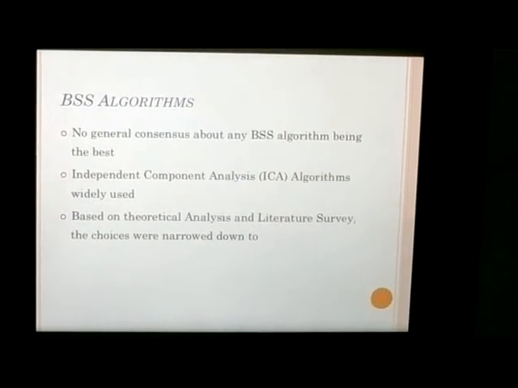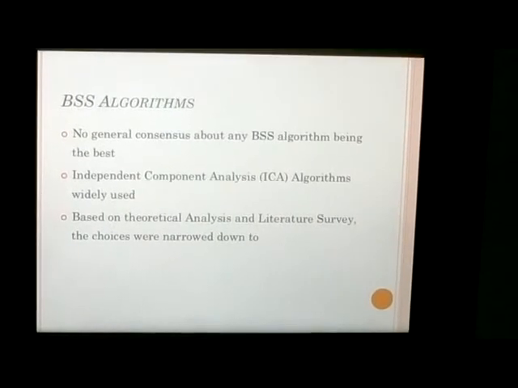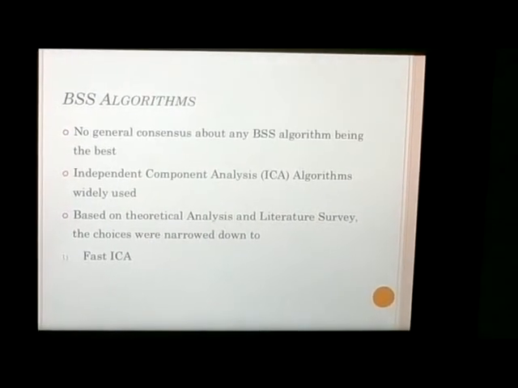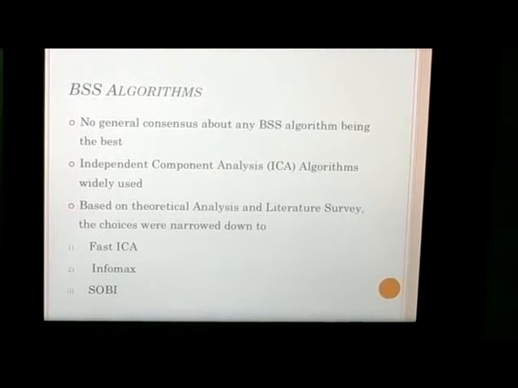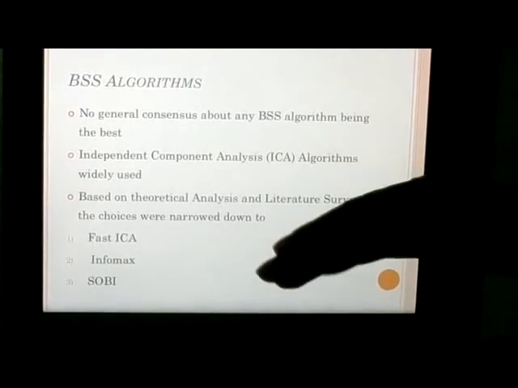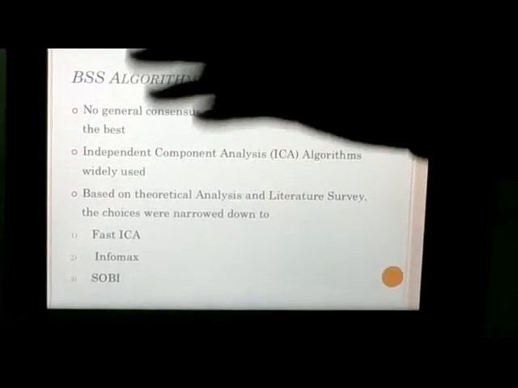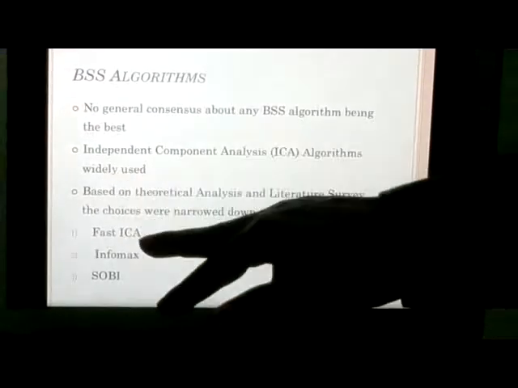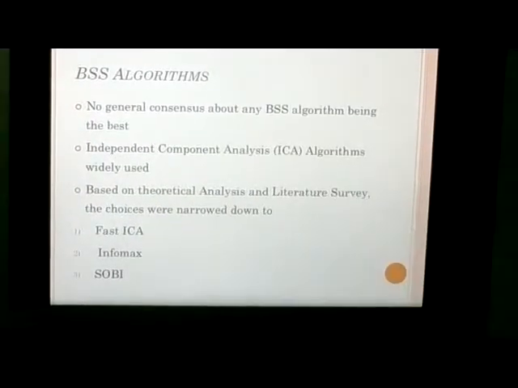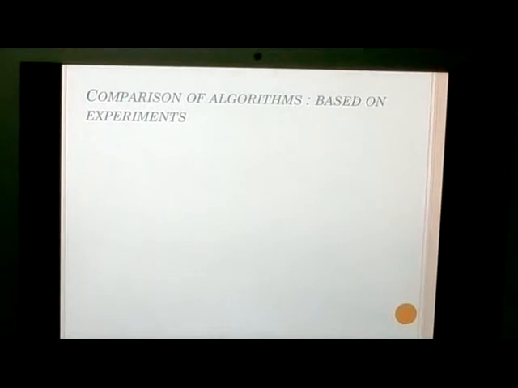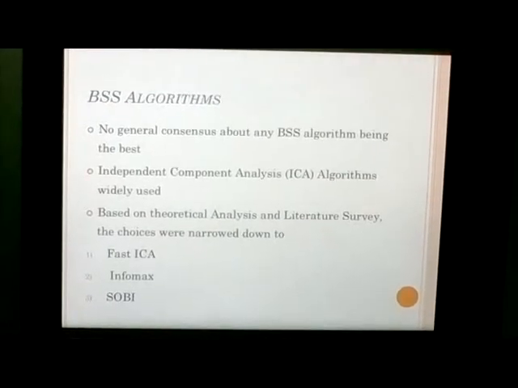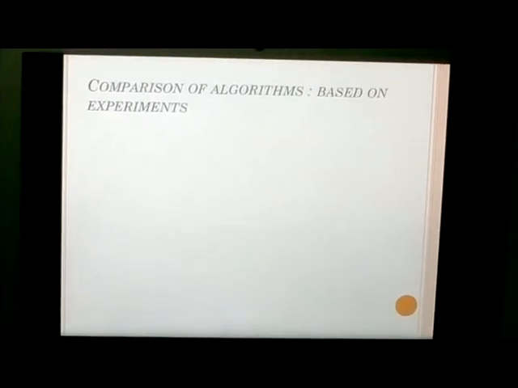Based on theoretical analysis and literature surveys, the choices were narrowed down to FastICA, Infomax, and SOBI. Under BSS, we have these three algorithms, and among them I preferred SOBI, which is second order blind identification.